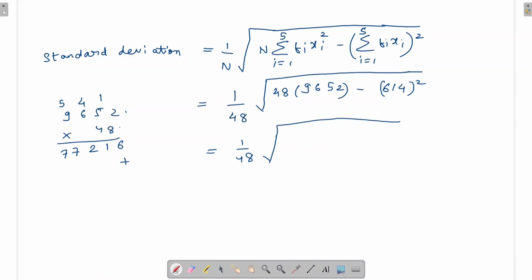Then 4 times 2 is 8, 4 times 5 is 20, 4 times 6 is 24 plus 2 is 26, 4 times 9 is 36, 36 plus 2 is 38.